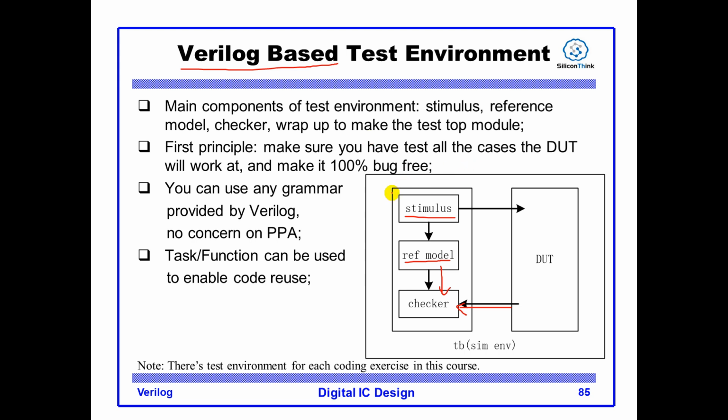Then you will wrap up all of the components, including the DUT, together to make the top module of the simulation. So these are the basic components you need to have in a test environment.